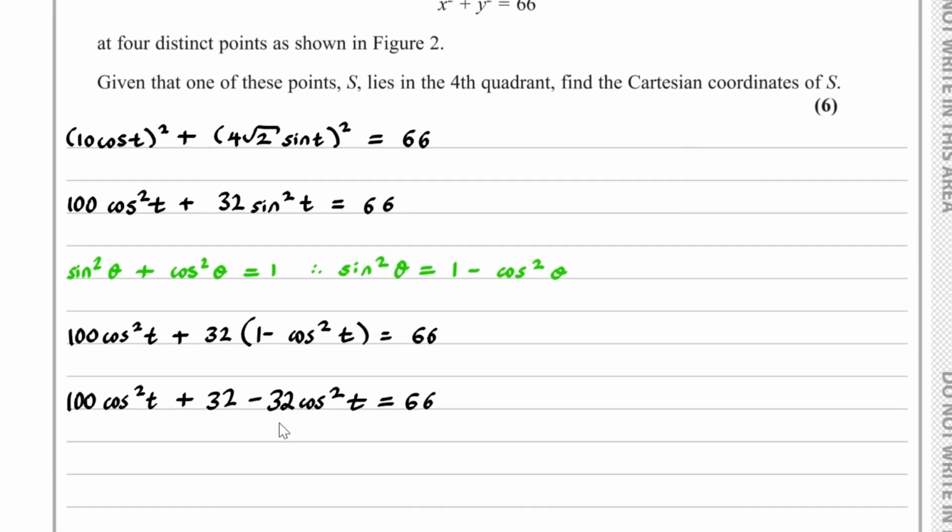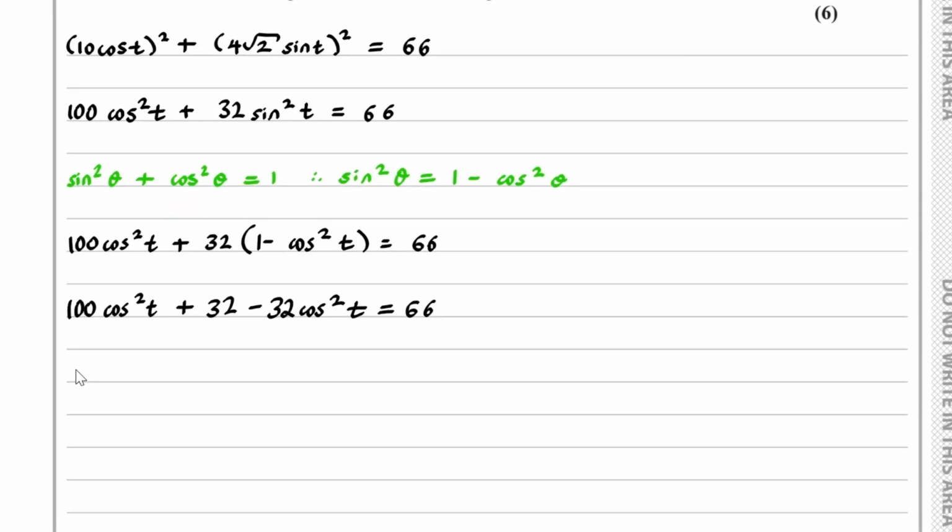And therefore, simplifying this further, 68 cos squared t is equal to 34, so cos squared t is equal to 34 divided by 68, that's 1/2.